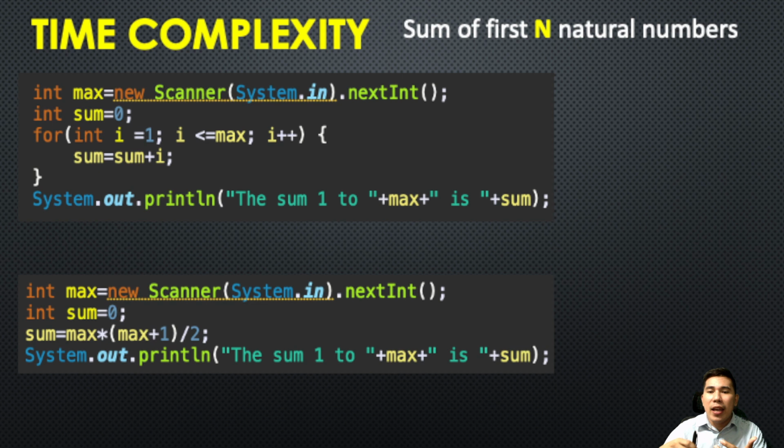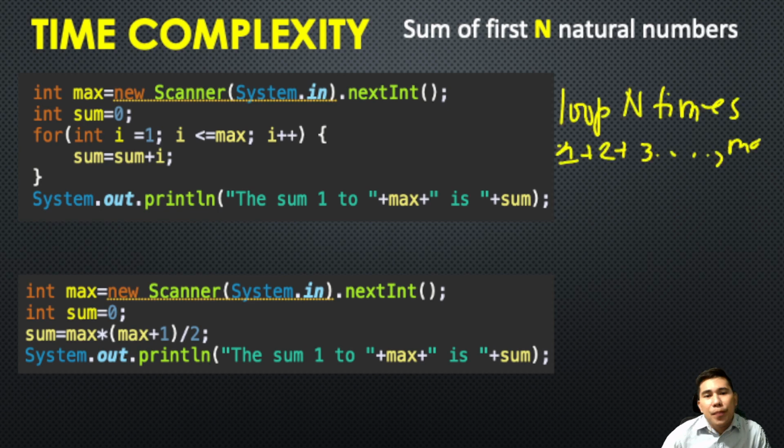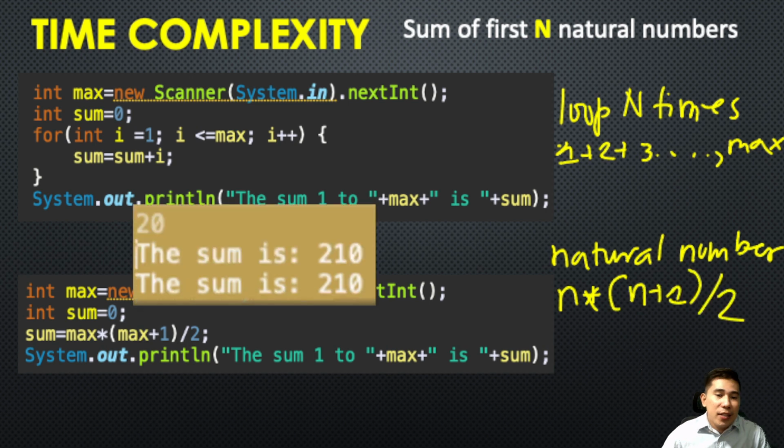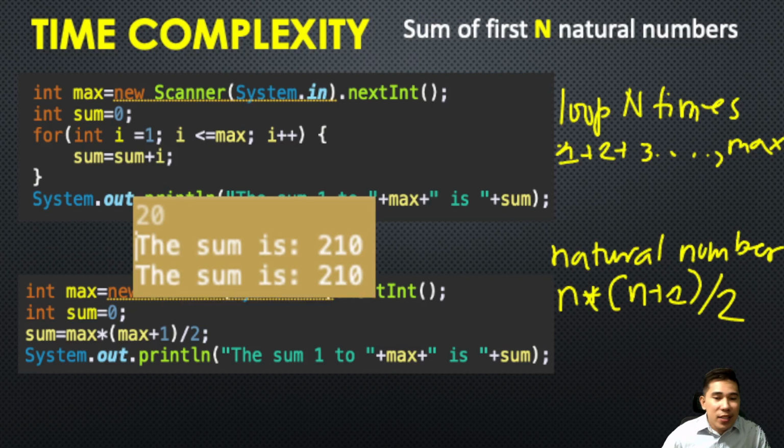We have here two examples for getting the sum of the first n natural numbers. The first program uses a loop that iterates n times, adding 1 plus 2 plus 3 until the max. The second solution is a formula for getting the sum of natural numbers, which is n times (n plus 1) divided by 2.